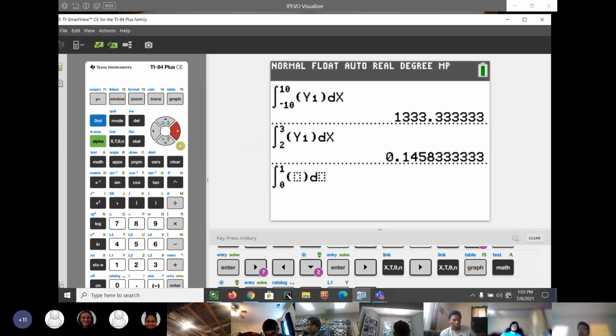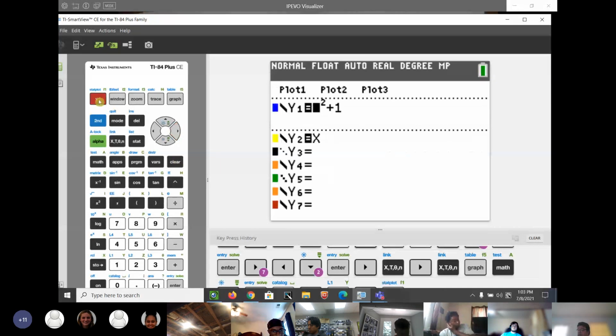And I'm going to type, oh shoot, I typed in the wrong thing. Let me go back and, well, I can just type it in here. I don't have to do that. So math, integration.